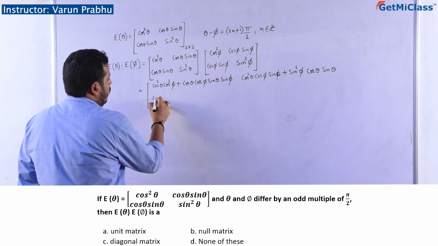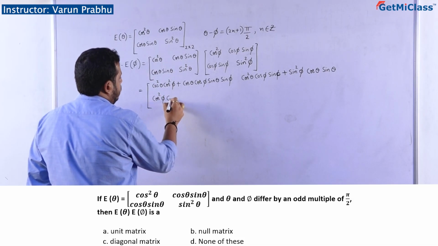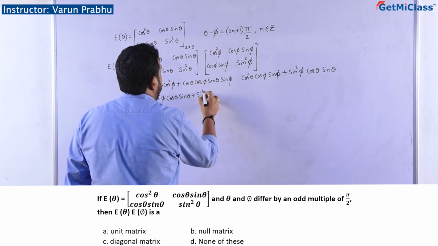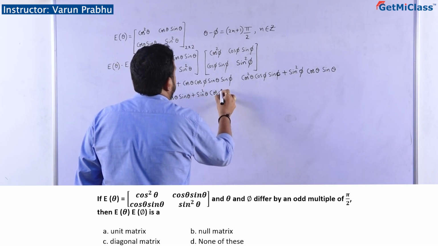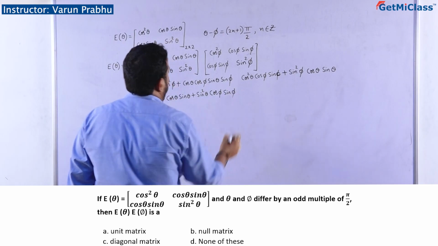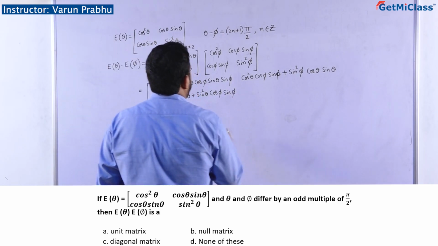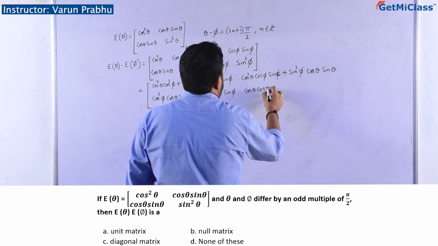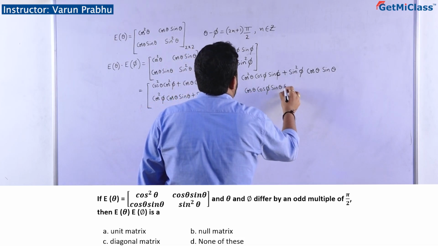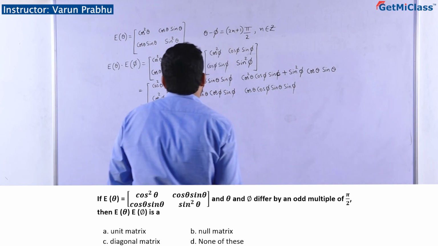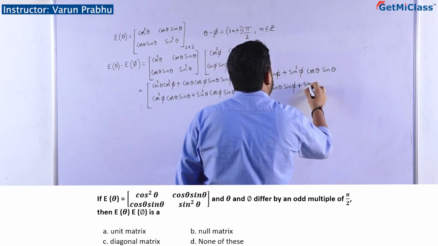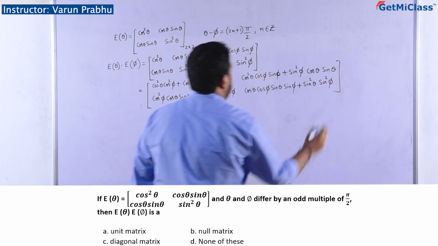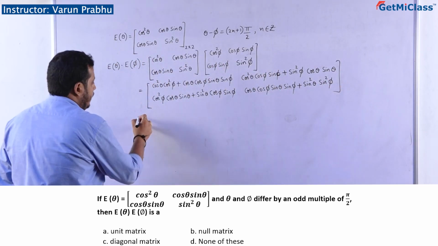Then cos squared phi cos theta sin theta plus sin squared theta cos phi sin phi, and cos theta cos phi sin theta sin phi plus sin squared theta sin squared phi.